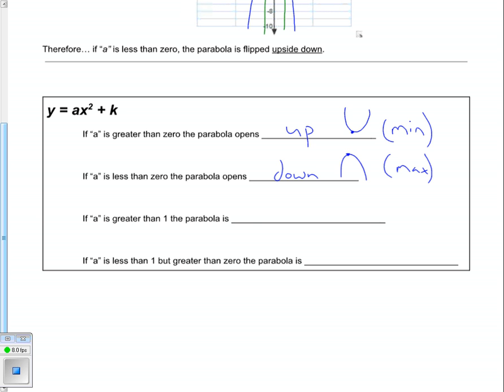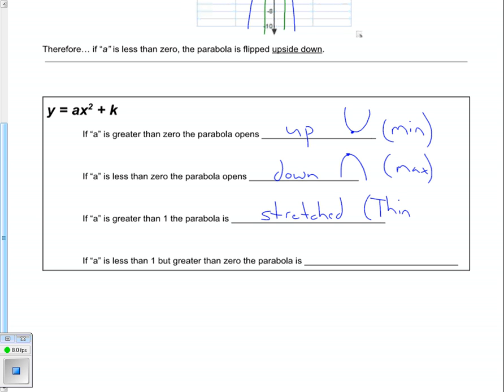Okay, if the value of a is bigger than 1, okay, so ignoring the sign, plus or minus, if the number is bigger than 1, then the parabola is stretched. Okay, and it's made thin.